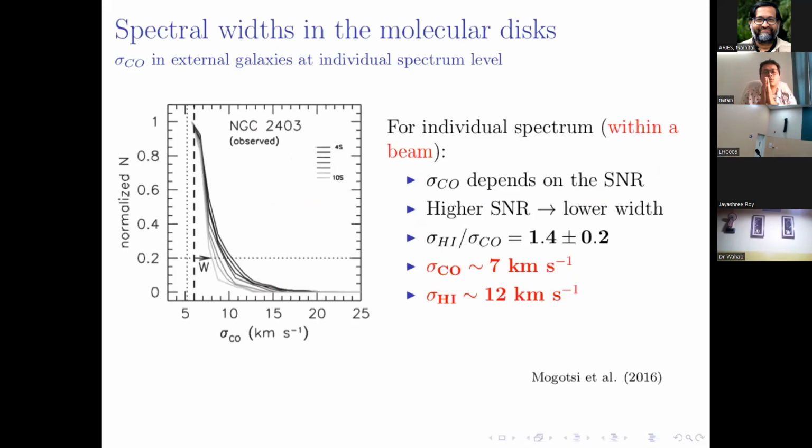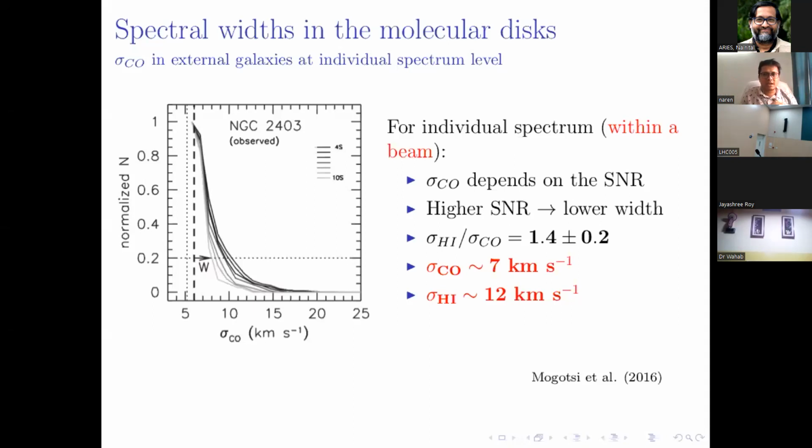And what they have found is that if you look at an individual spectrum, the width of the spectrum is actually small, something like 7 kilometers per second or so. But if you accumulate spectra from different regions and stack them by aligning their centers, then this stacked spectrum has a much higher signal to noise ratio, and the width of this stacked spectrum is actually much higher, something like around 12 kilometers per second.